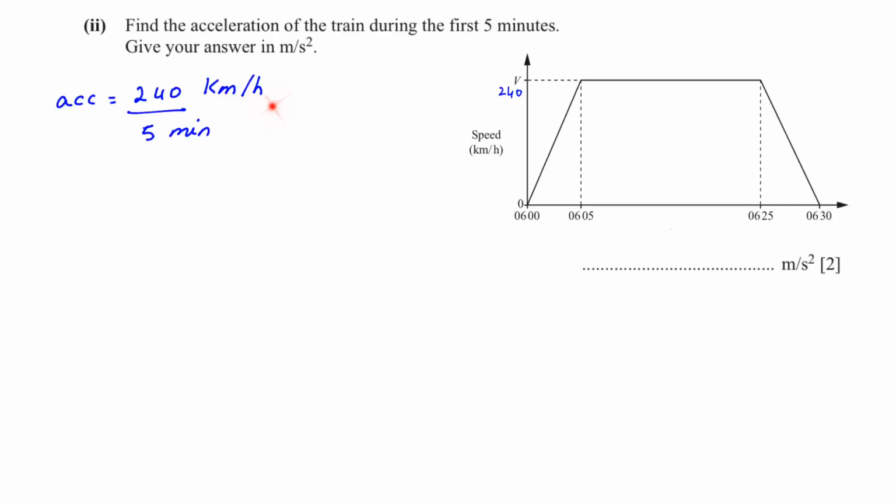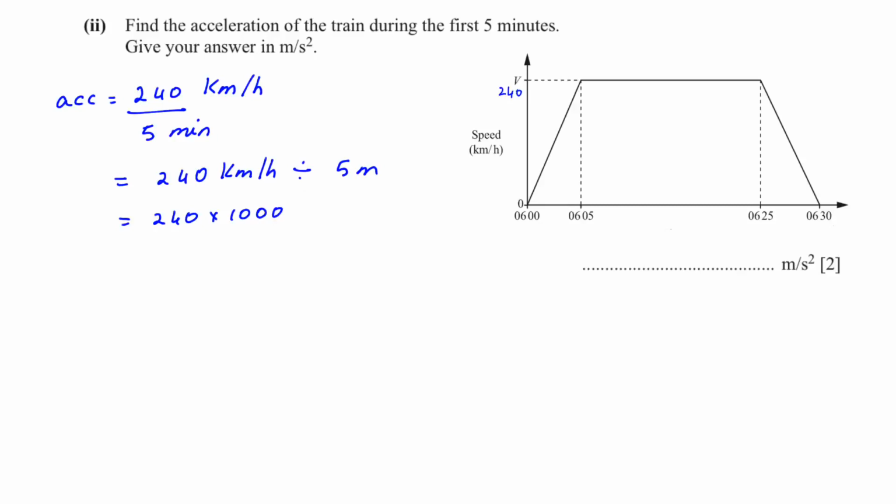We need to change kilometers per hour into meters per second and the minutes also into seconds. It's a good idea to write it separately. 240 kilometers per hour divided by 5 minutes. To change kilometers per hour into meters per second, 1 kilometer is equal to 1000 meters.